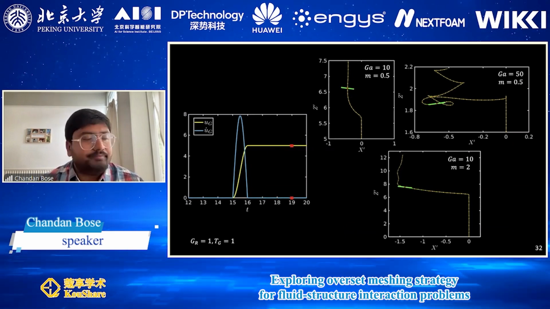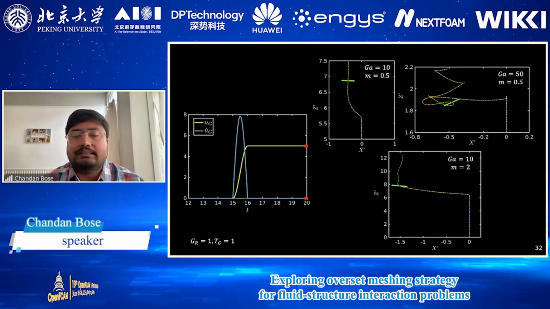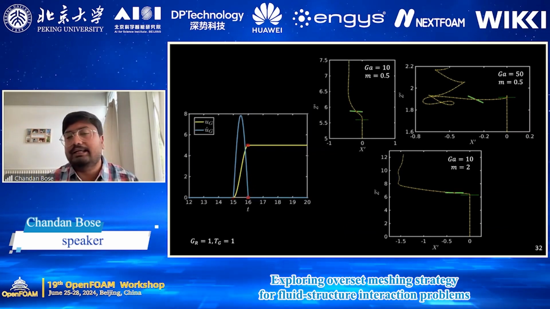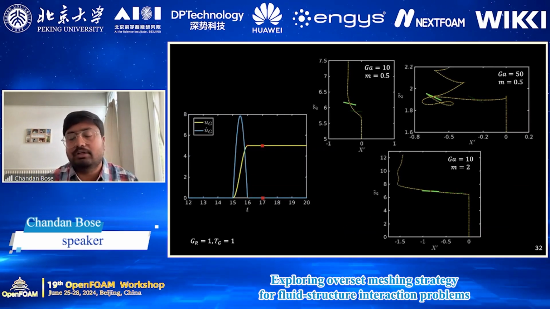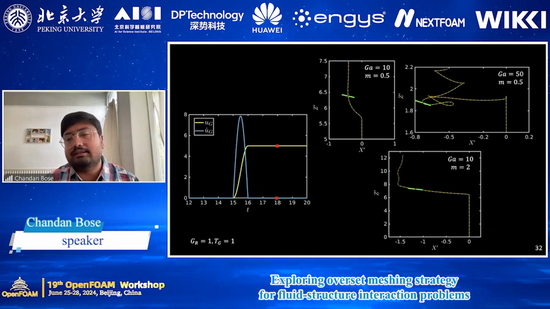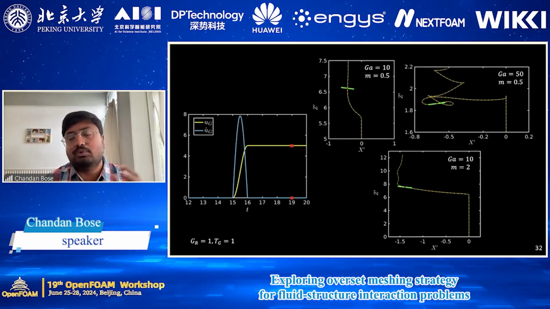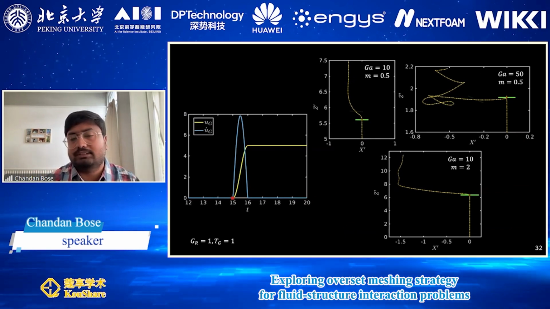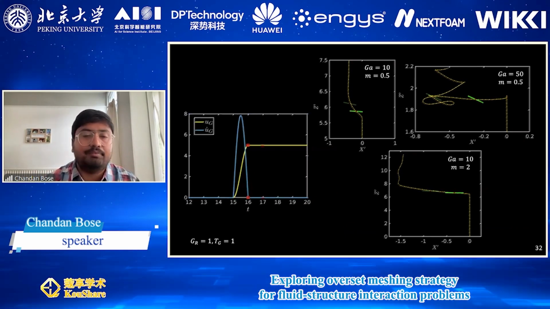Our main motive is to finally understand whether giving a horizontal gust to a free-falling body can reduce its terminal velocity. Without going further into the physics, my motive was to show you the usefulness of overset techniques in this kind of FSI problem.